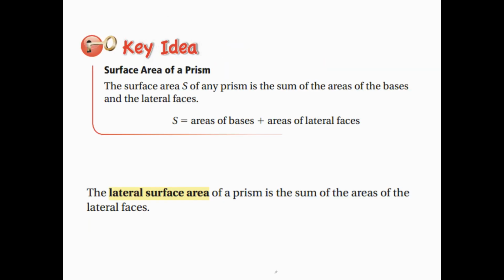We can also find the surface area of any prism. This formula says the surface area of a prism equals the area of the bases plus the area of the lateral faces. I have a little formula that I use for that: surface area equals AOB, the area of the bases, plus AOL, which is the area of the lateral faces.